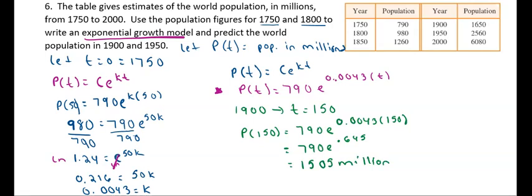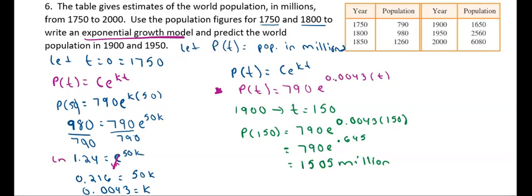So how'd we do? The estimate was based on the 1750 growth rate. Looks like it wasn't that accurate. In 1900 in our table over here, we have 1,650 million. In our calculation based on our model, we have 1,505 million.